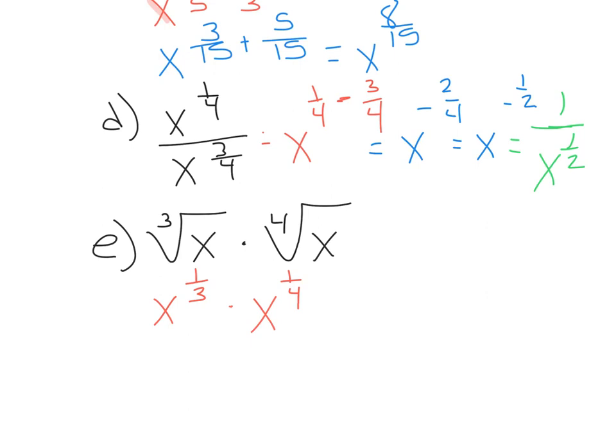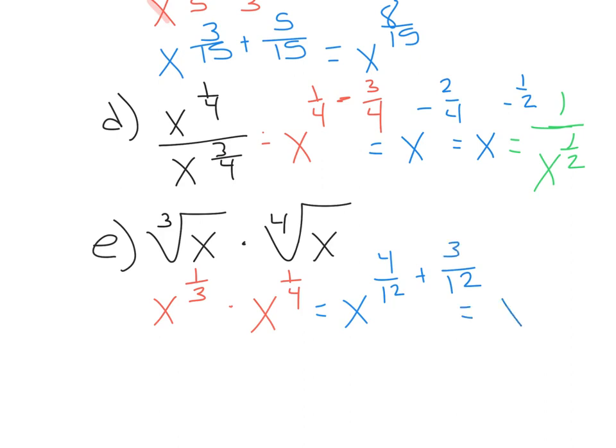So this is going to turn into, the common denominator is 12, by the way, for 3 and 4. All right, so to turn 1/3 to 12, let's multiply 3 times 4 makes 12, so 1 times 4 makes 4. 4 times 3 makes 12, so 1 times 3 makes 3.